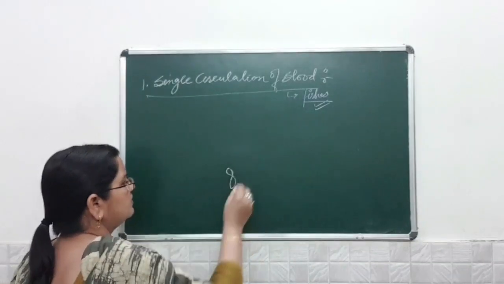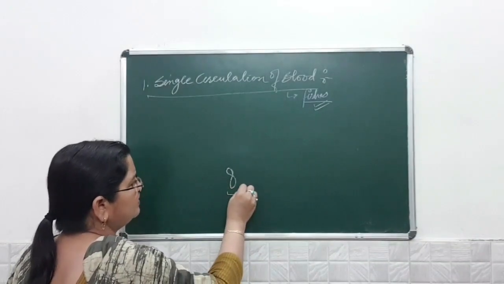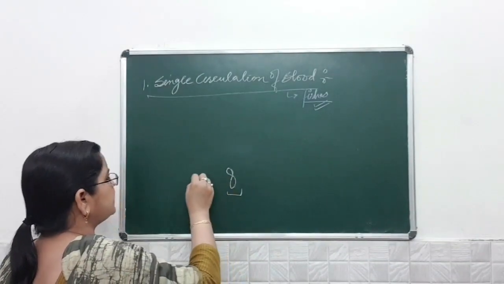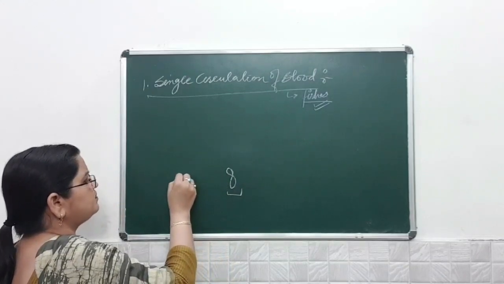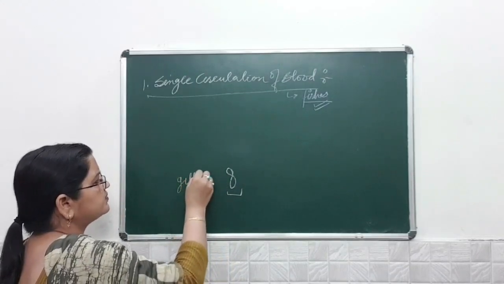In fishes, the heart is two-chambered and exchange of gases takes place through gills.